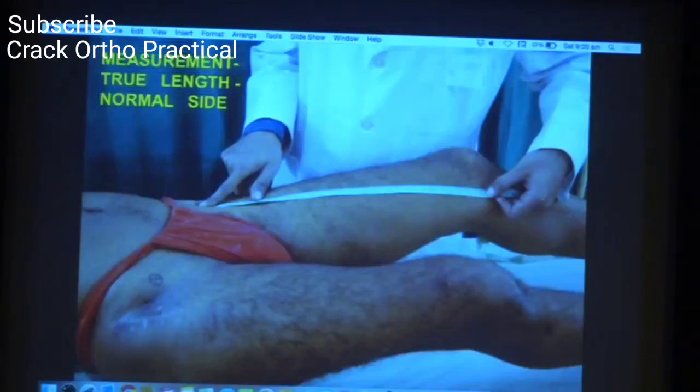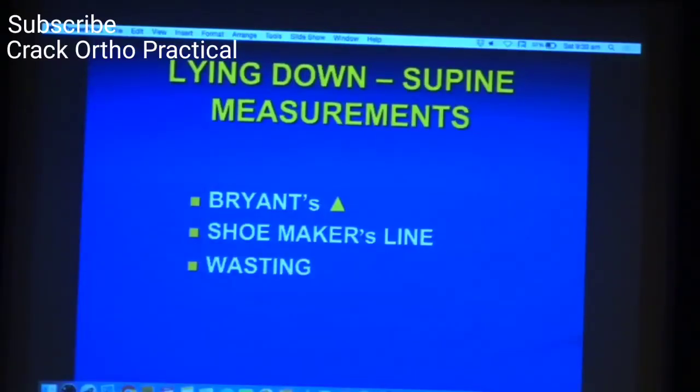And while measuring the normal side, the candidate has abducted the normal side to the same amount as was required of the affected side to square the pelvis. So these two are important points to be remembered when you are measuring true length.